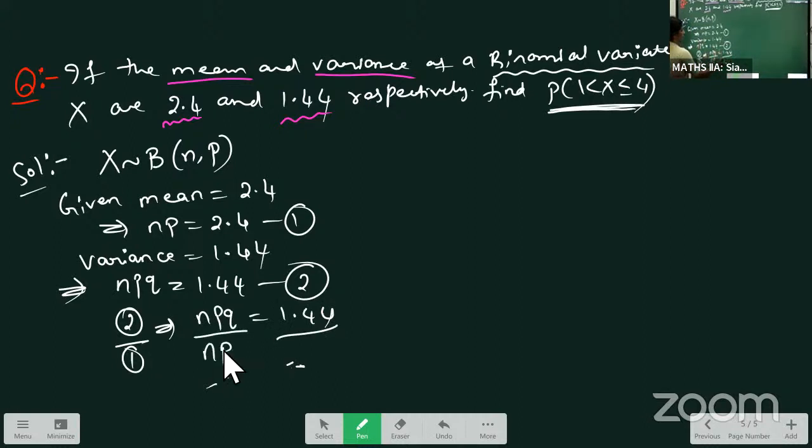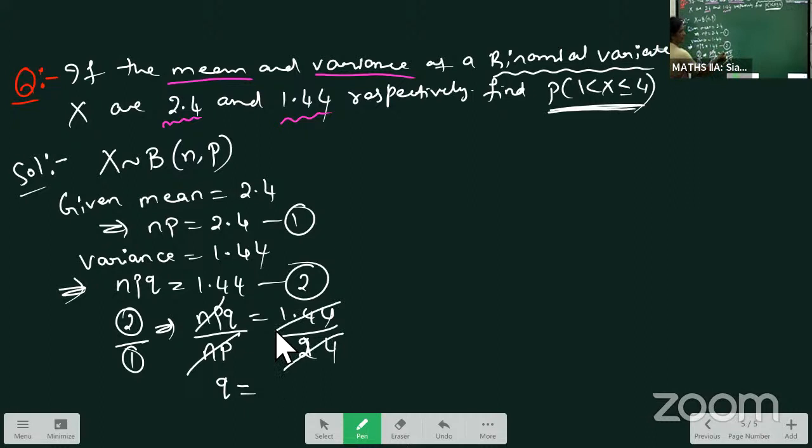When decimals are there, be a little careful. Here it is 2.4. On this side np and np cancel, only q is left. If you ignore the decimal, the numerator is 144 and the denominator is 24. 24 times 6 is 144.